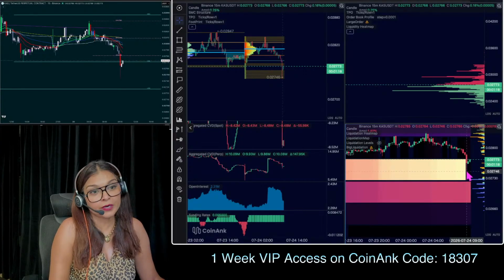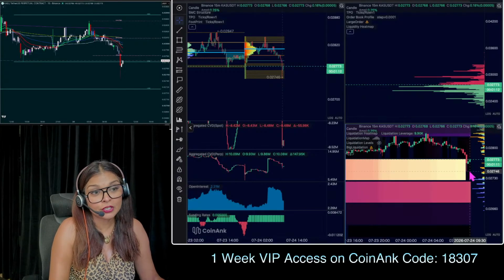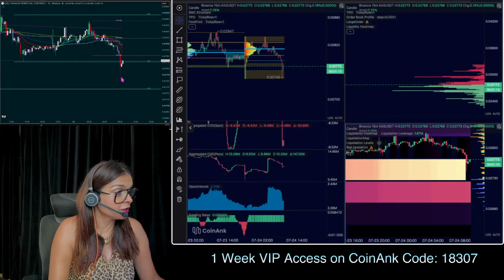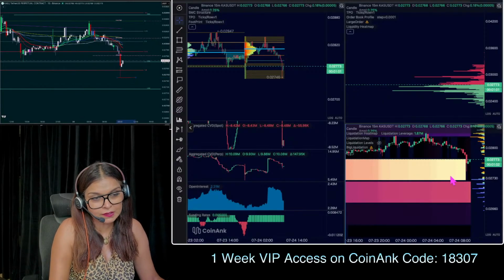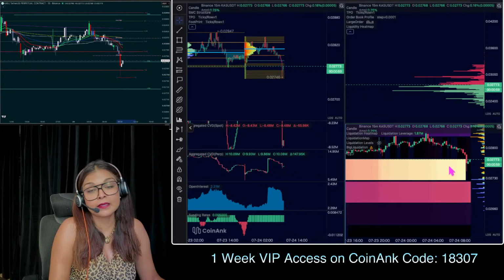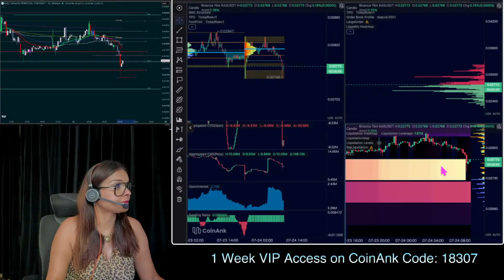And price is going to trick you into thinking that this is it. You're going to jump in here and put your stop loss right under this area, and price is going to come back and take the rest of this liquidation area out, and then you'll get stopped out. So pay attention to that.